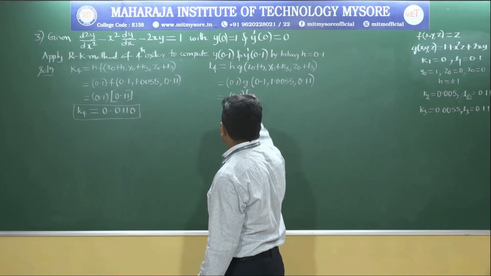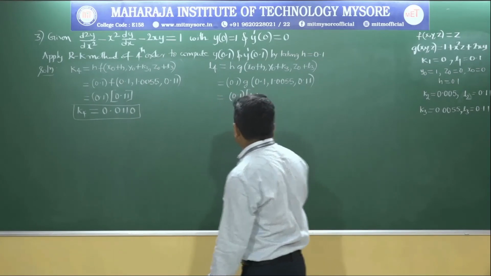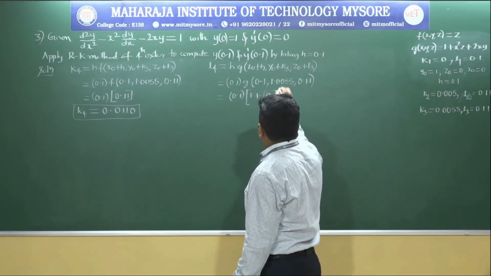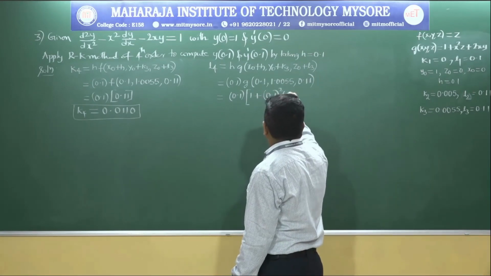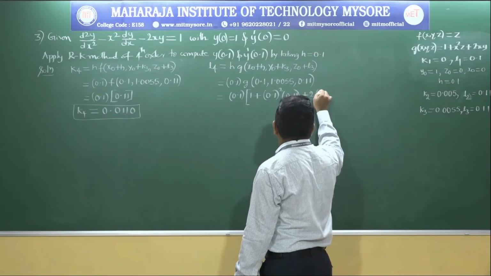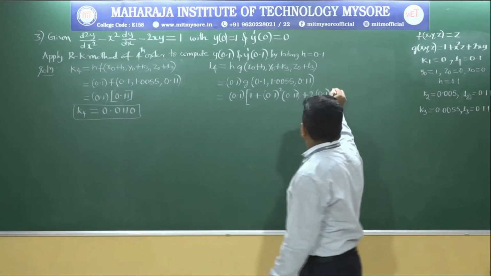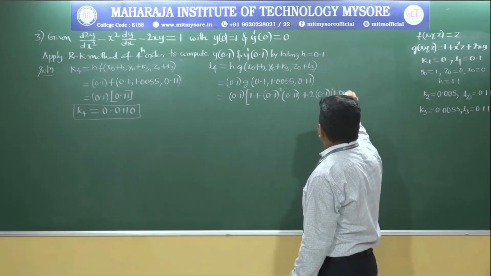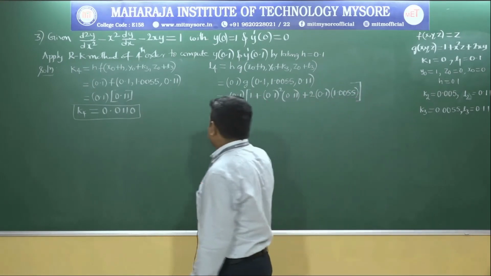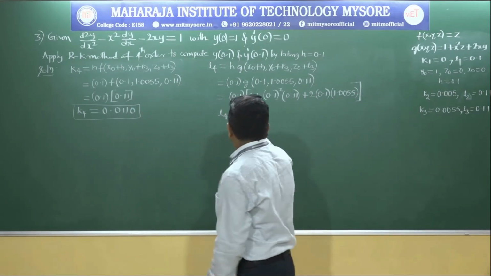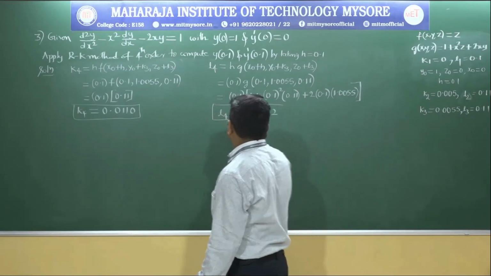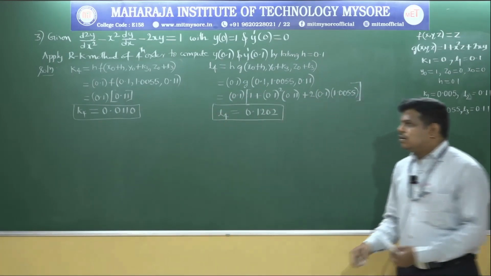I am substituting the value of x, y and z here. We get 1 plus x square is 0.1 whole square, z value is 0.11. Next, plus 2xy. 2 into x value is 0.1, y value is 1.0055. On simplifying this, we get L4 as 0.1202. This is the value of L4.